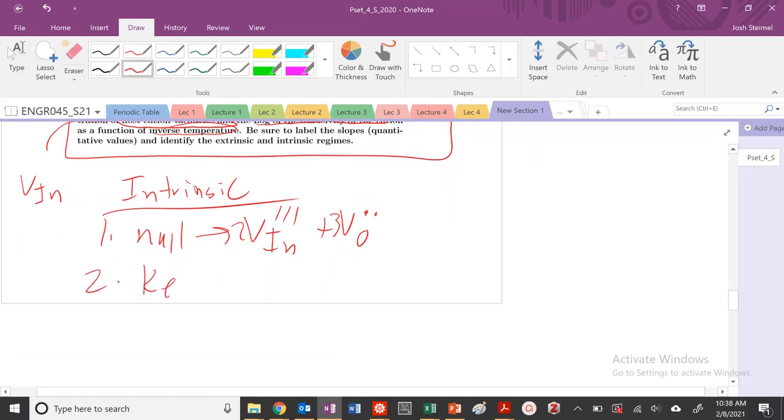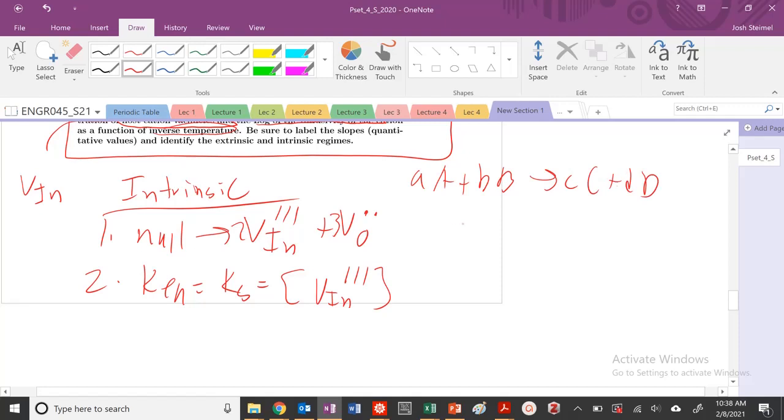What's the next step for our Schottky equation? Well, I could write my equilibrium expression, K Schottky. Now, here's the rub. What's the exponent? Hopefully you remember, for A plus B goes to C plus D, K is the concentration of products over concentration of reactants.